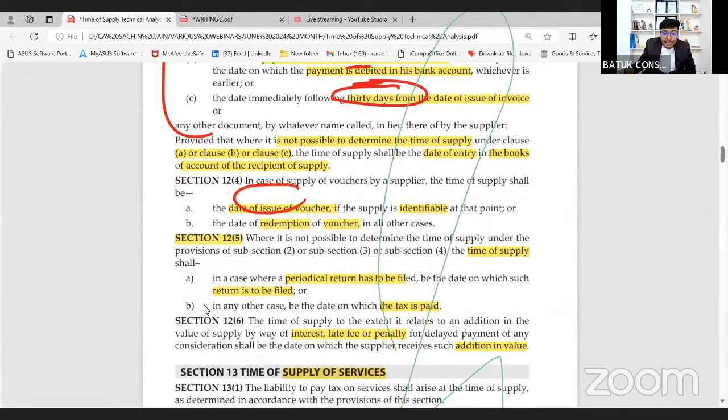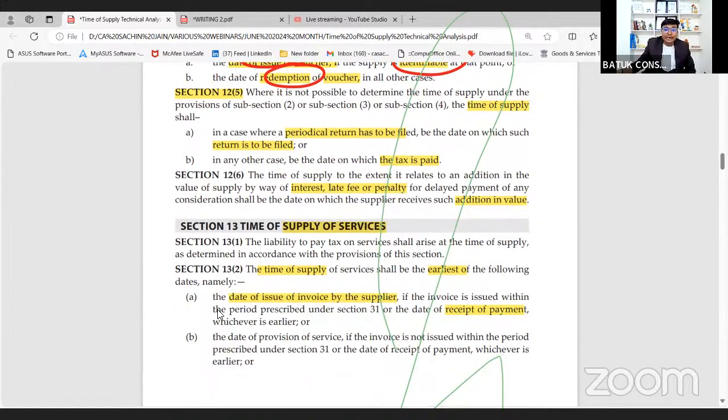In case of voucher, date of issue of voucher if identifiable, otherwise the date of redemption. Or if there is any interest, late fees or penalty, in that case the date of addition will be treated as time of supply. Whatever is written in the section, we have already covered.